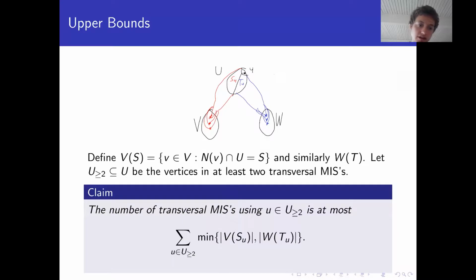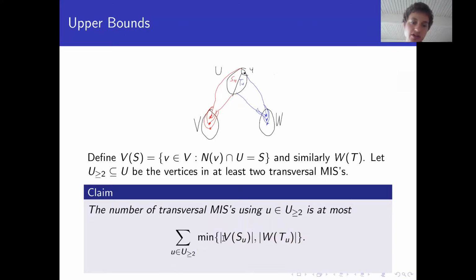So then the next claim is that the number of transversal MISs using vertices in the U_{≥2} set is at most this sum here. And really what this is saying is that for each individual vertex u in this set, the number of transversal MISs it's in is at most the minimum of these two quantities.